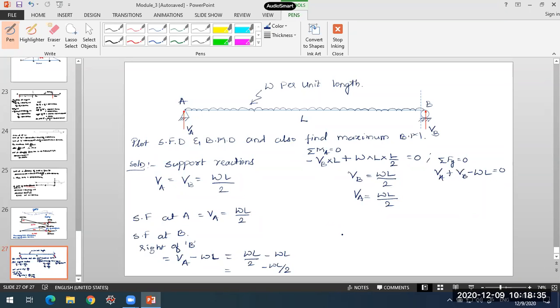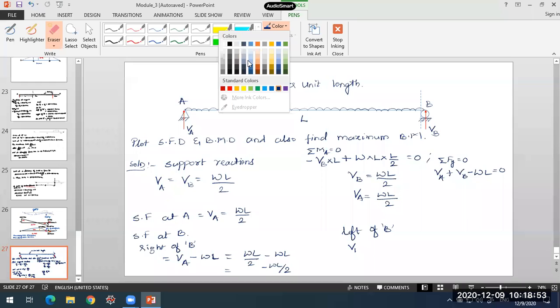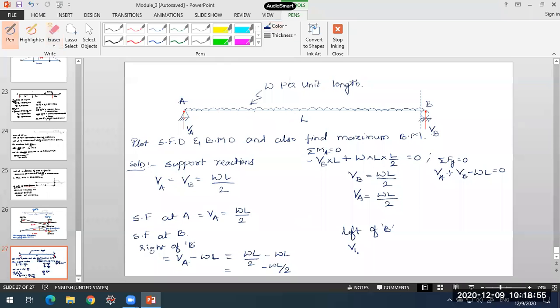Once you cross that support, to the left of B, it will be equal to VA minus W into L plus VB.